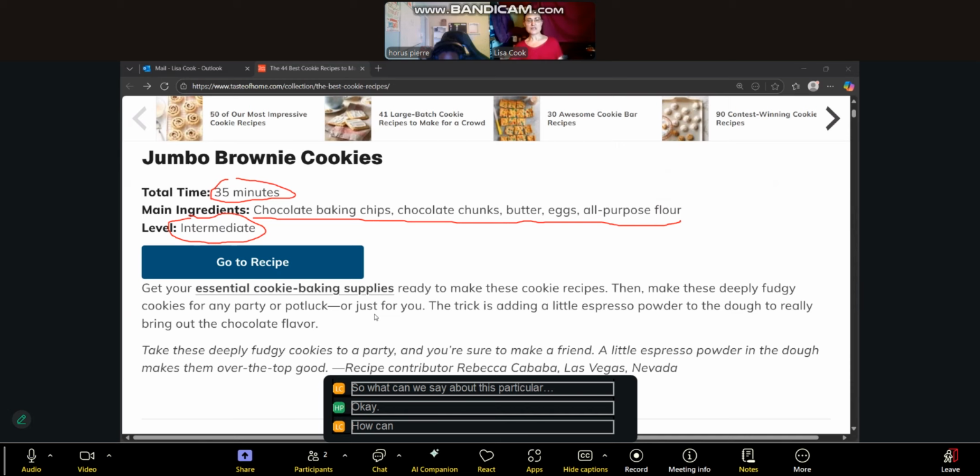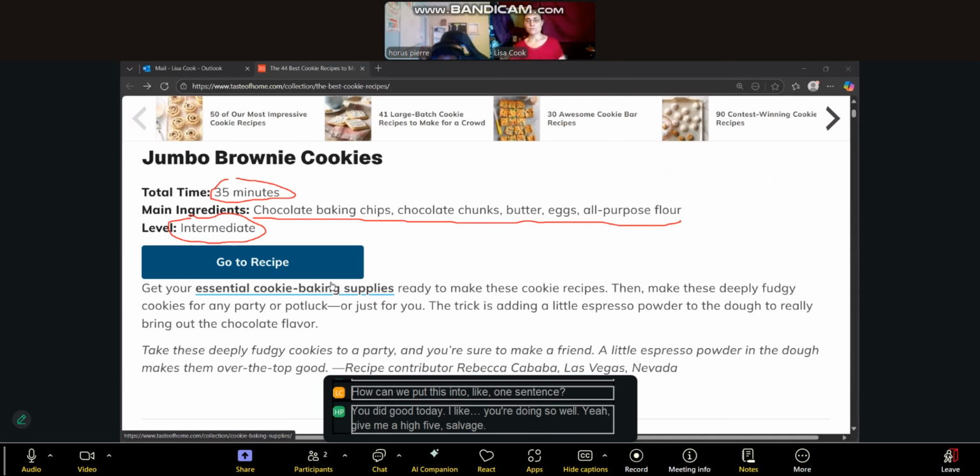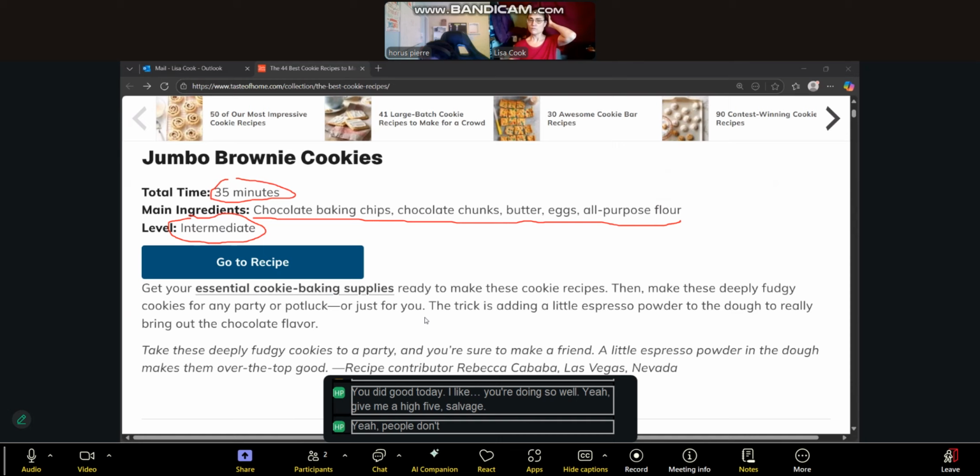How can we put this into one sentence? What could we say? What are they saying about these jumbo brownie cookies? What could you say?